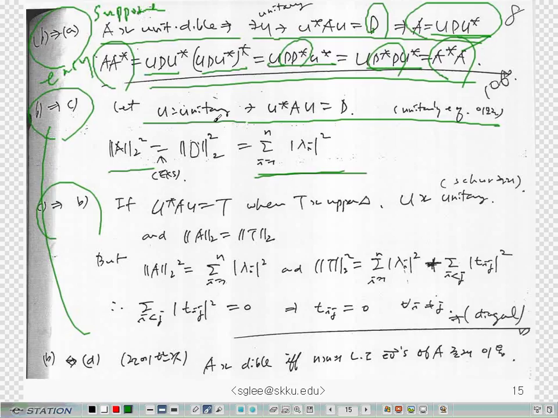Since it's unitarily diagonalizable, there exist a unitary matrix U and a diagonal matrix D here. Then the two-norm of the matrix A is the same as the two-norm of that diagonal matrix. The diagonal entries are the eigenvalues of A, so they should be the same. Very easy.